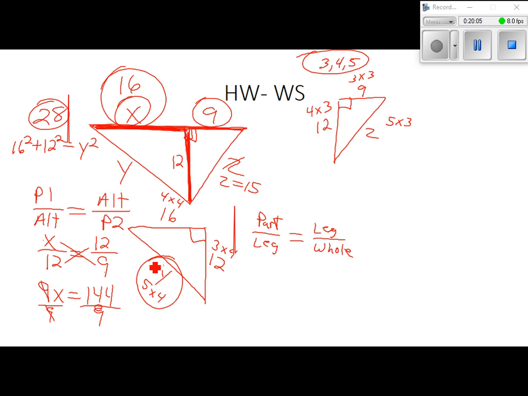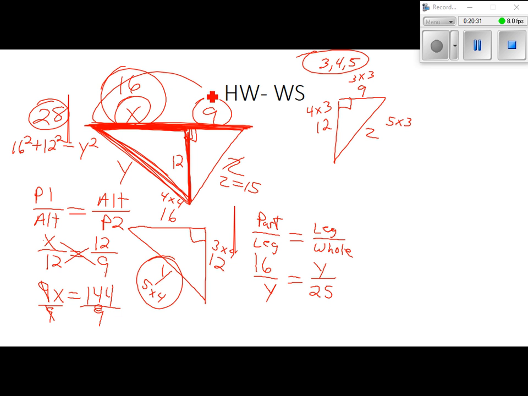What's Y end up being? 20. If I do it this way, looking back up at the original, Y is your leg, so Y goes here and here. The part attached to that Y is how long? We just found it. So 16 goes there. How long is the whole hypotenuse? 25. How'd you get 25? 16 plus 9.